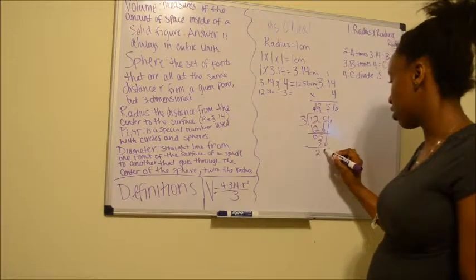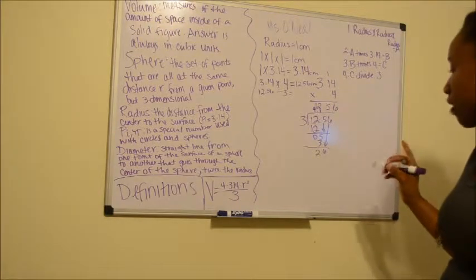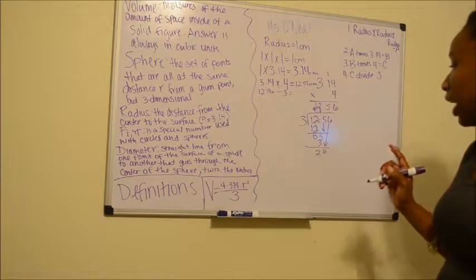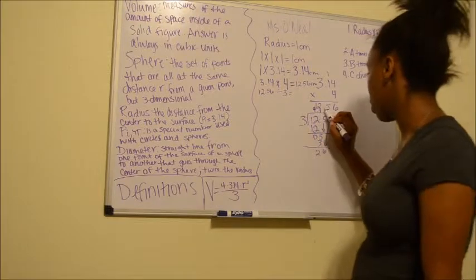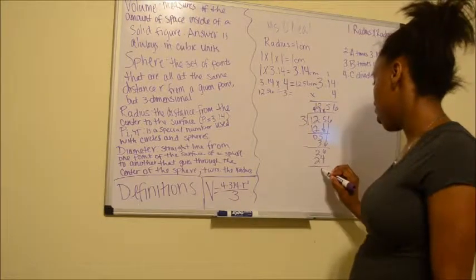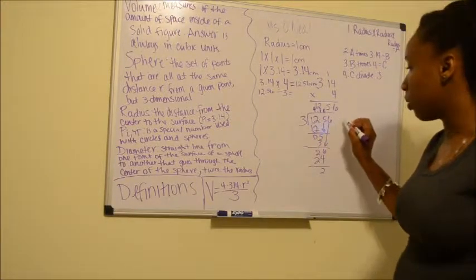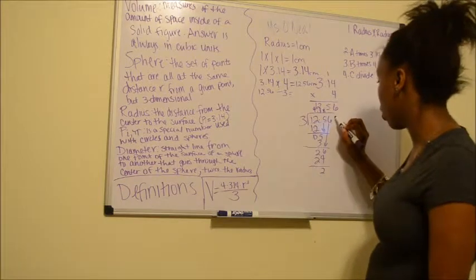Bring your 6 down. 3 goes into 26 8 times, which is 24. 3 times 8 is 24. 26 minus 24 is 2. Since we don't have any more here, we're going to add another 0.